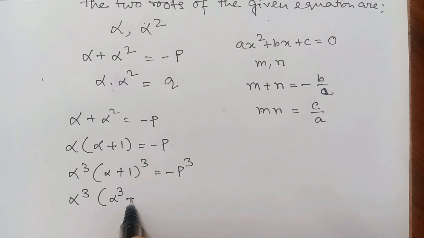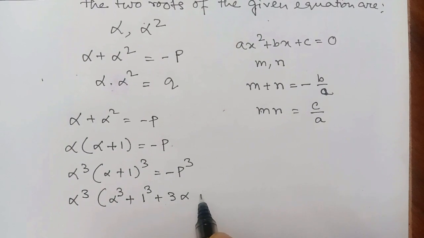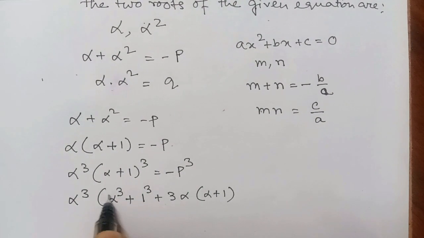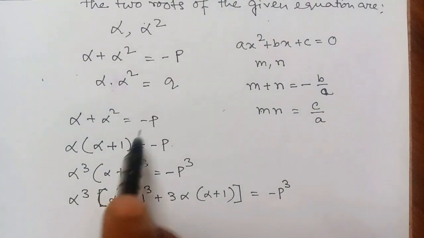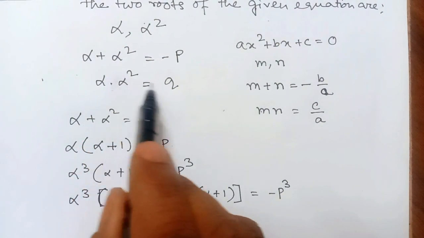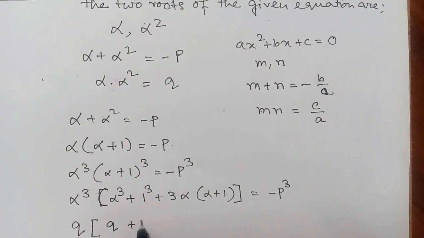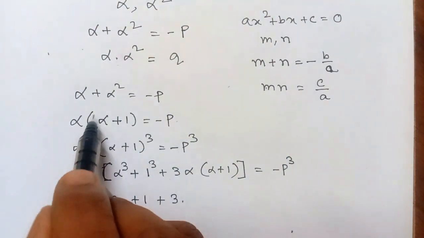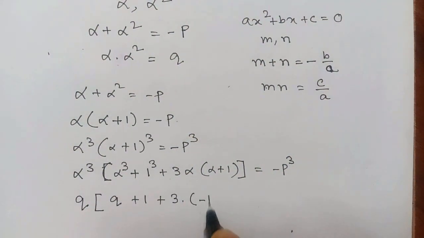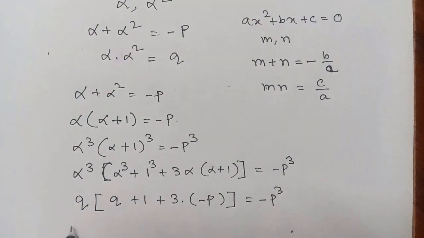So this will be alpha cube into (alpha cube plus 1 cube plus 3 alpha within bracket alpha plus 1) equal to minus p cube. Now we have alpha into alpha square, which is alpha cube, equal to q. So we replace alpha cube with q. Inside also, alpha cube will be q, plus 1, plus 3 alpha into (alpha plus 1), which is equal to minus p. So this will be minus p. The bracket will be closed, and on the right hand side this will be minus p cube.